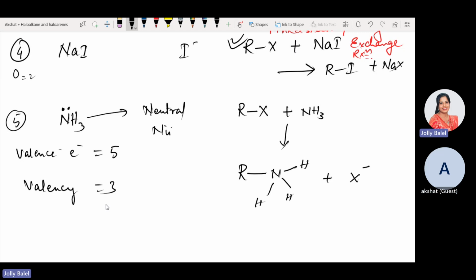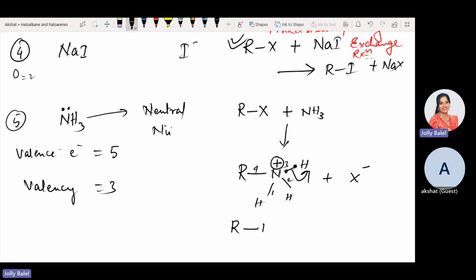Look at the compound carefully and tell me how many bonds nitrogen has formed: three with hydrogen and one with carbon, so 4. So how many extra bonds has it made other than its capability? One extra, so one positive charge. In that case, it will remove one H plus, take this electron pair, and H plus will be released.